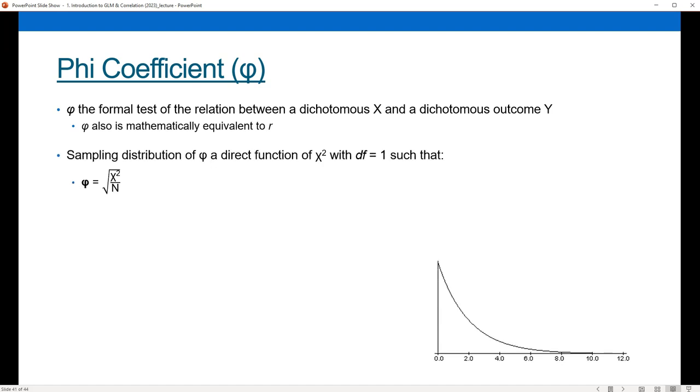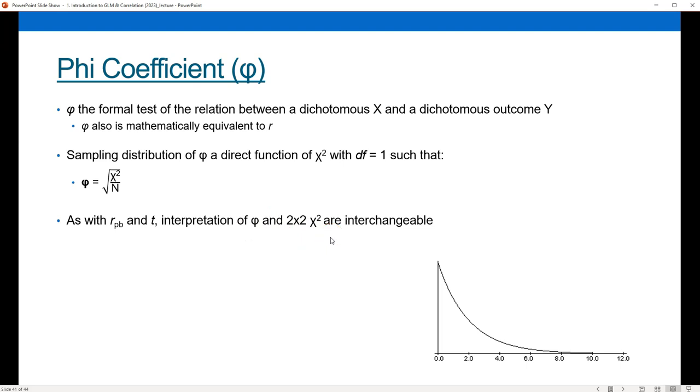Now, what we know about the phi coefficient is that it follows a chi-square distribution with 1 degree of freedom, so that my phi coefficient is equal to the square root of chi-squared over my sample size. That's going to give me a phi coefficient, okay? So just like our Pearson point biserial and our t-statistic were interchangeable, my phi coefficient and my 2 by 2 chi-square are interchangeable.